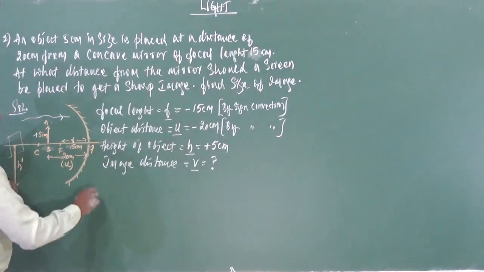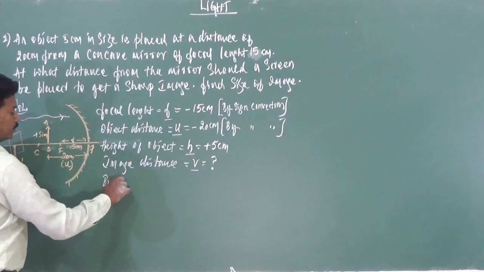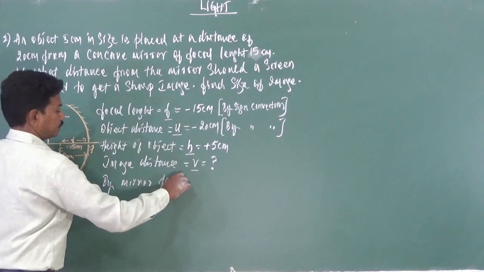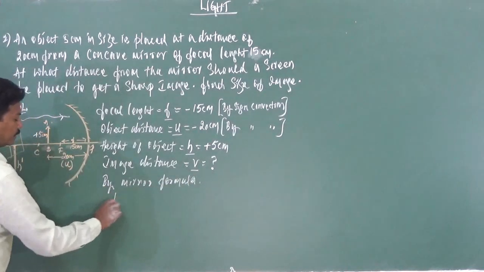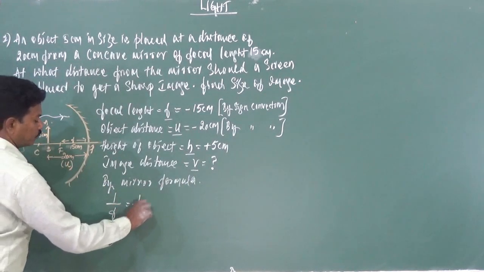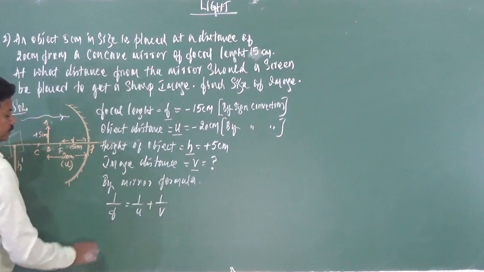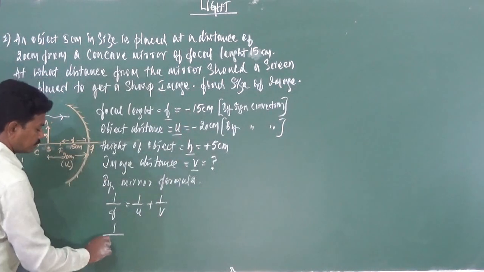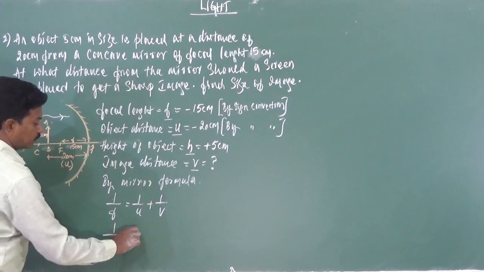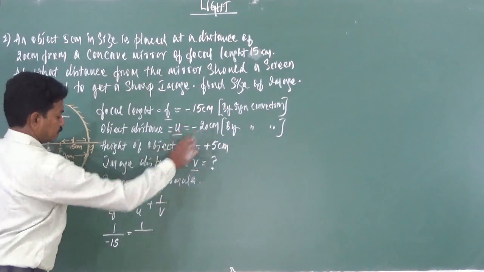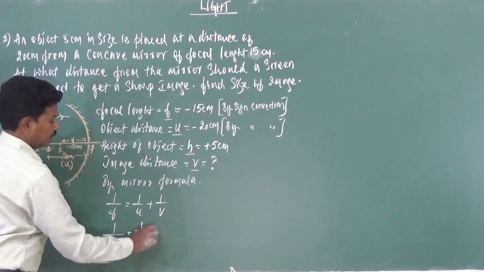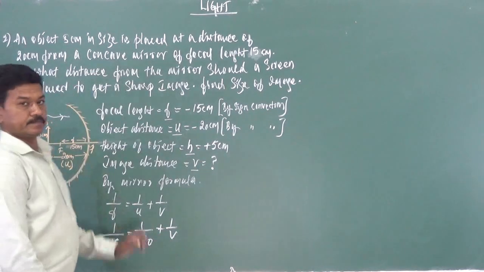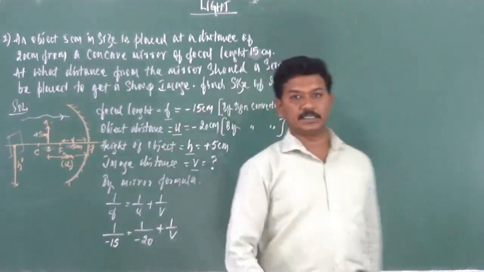Very important. So by mirror formula, 1 by F is equal to 1 by U plus 1 by V. So 1 by F is 1 by, F is minus 15, write minus 15 is equal to 1 by U. U is minus 20, so write minus 20 plus 1 by V. Don't put any sign for V until everything gets simplified by itself.